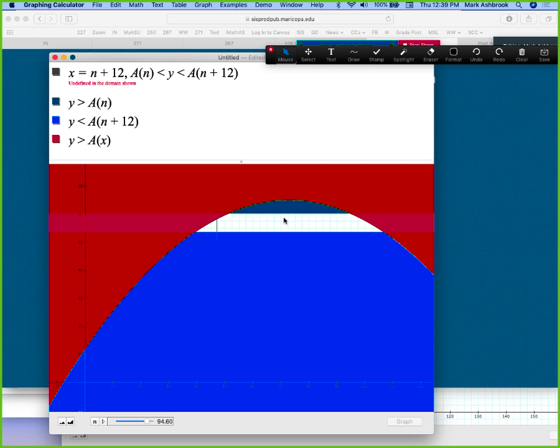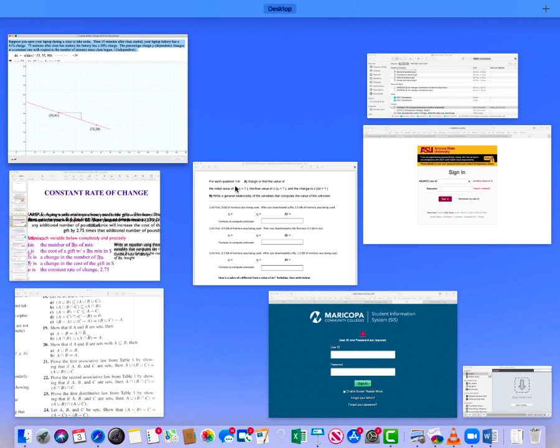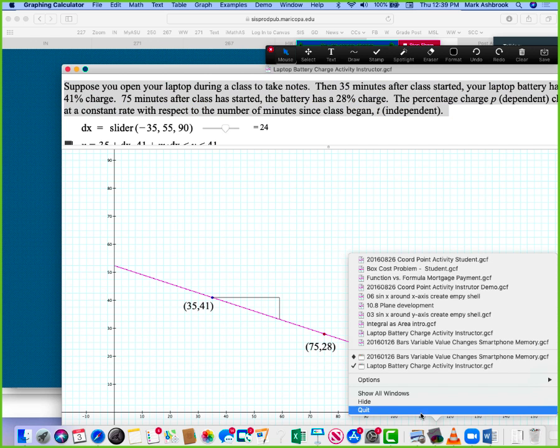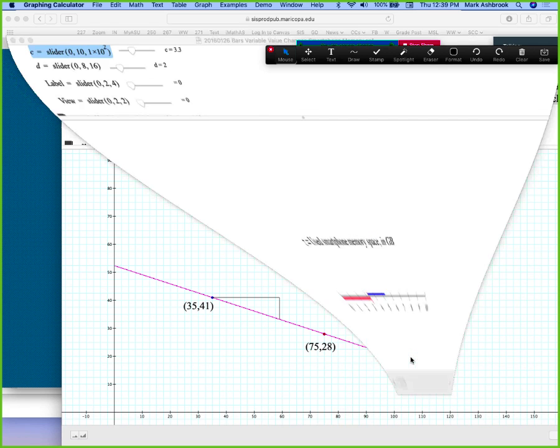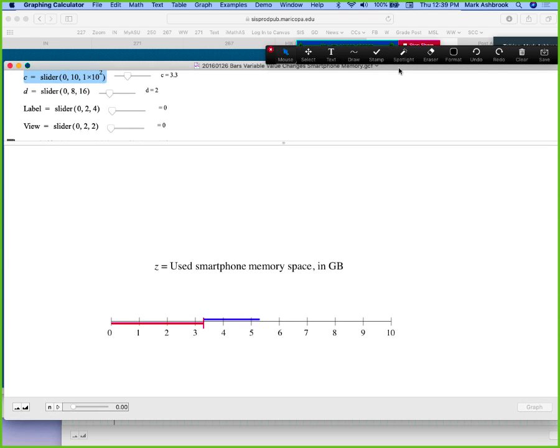Okay, let's change gears here and look at this very outdated smartphone activity. A smartphone that only has 10 gigs. Is that pretty low?